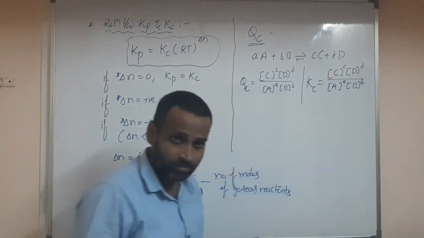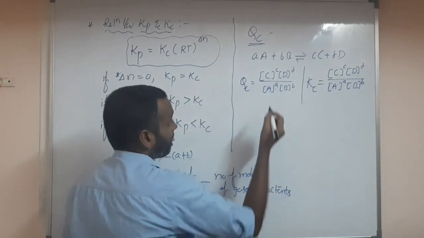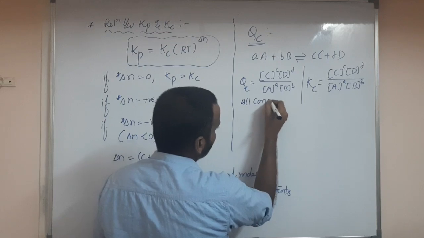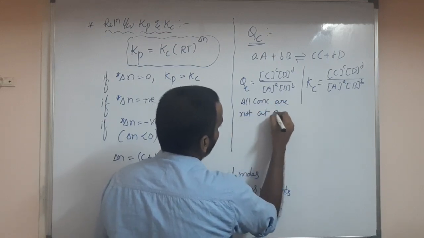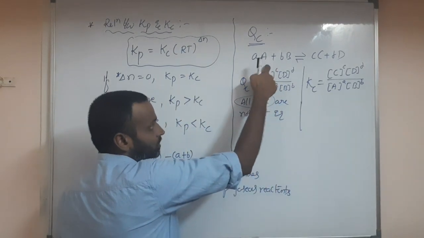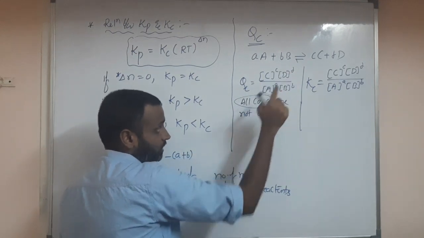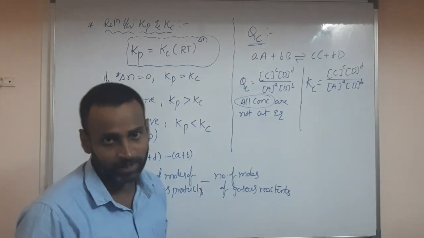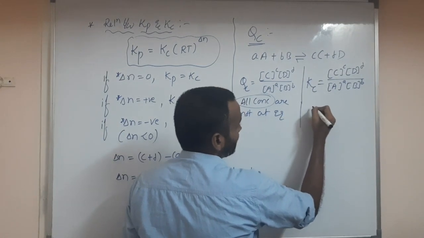So like a mad fellow, same formula written, you're thinking? No, I'm not mad. Here, the concentrations of C, D, A and B are not at equilibrium, then we call that Qc.